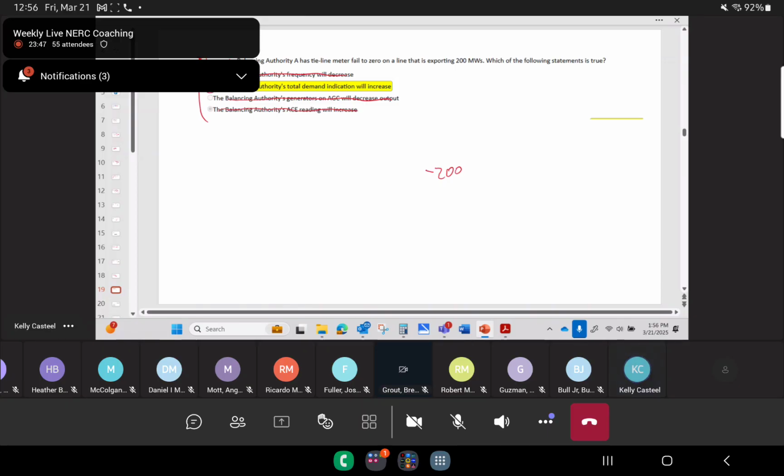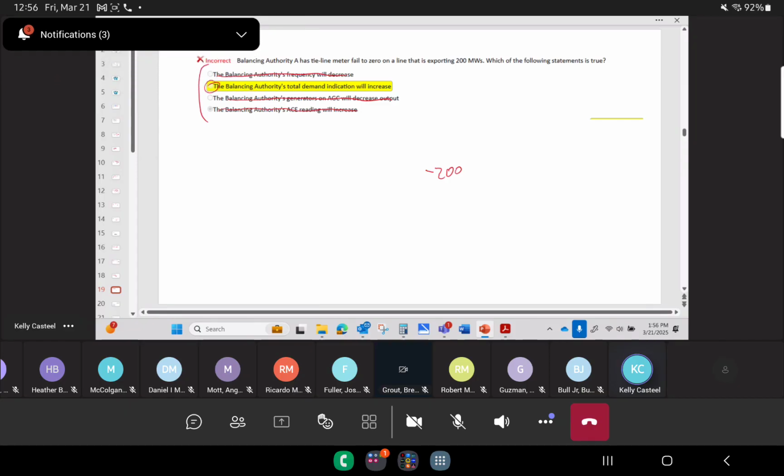Okay, well, we have to look at something different to verify that that's the correct answer. What we have to know there is that your load on your system, in every control center I've ever been in, is prominently displayed somewhere. That is not a value that we measure. That is a value that is calculated, based off of total generation minus your net interchange actual value.